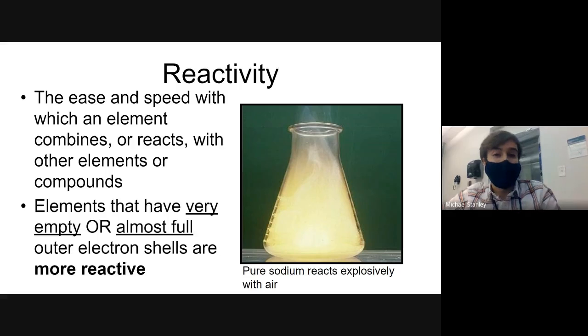So like whether or not something can light on fire easily is an example of a chemical property. How reactive an atom is is another example of a chemical property.